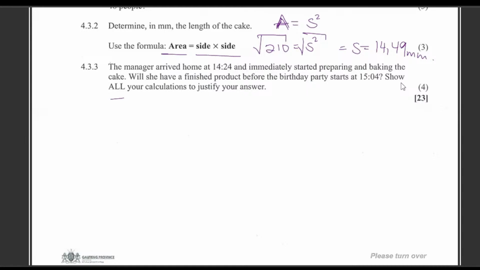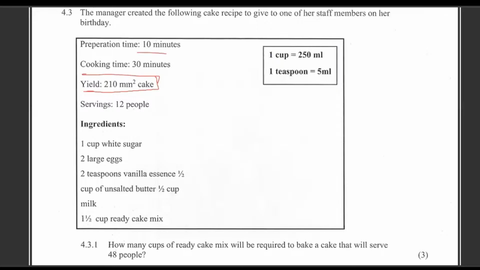Number one, you have to know how much time is needed. When you look at the recipe here, we have 10 minutes, we have 30 minutes. Any other time that we need? We don't have any other time that we need. So let's add that up. It needs 40 minutes.